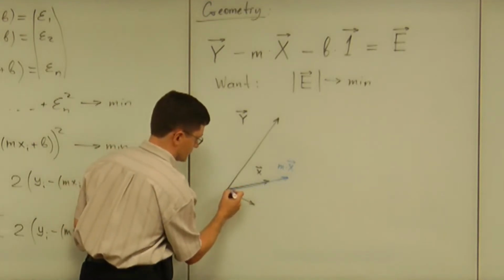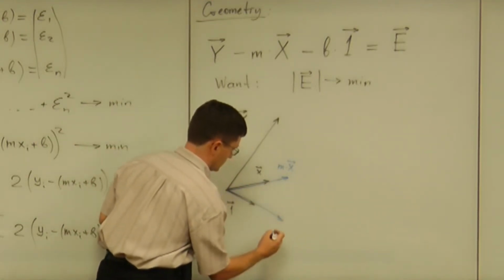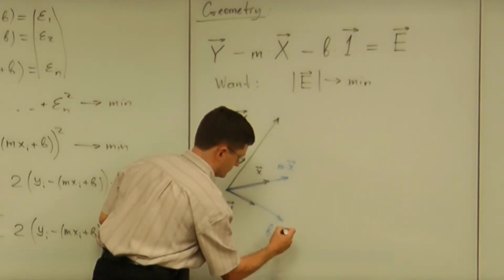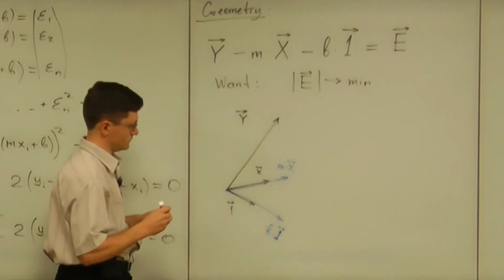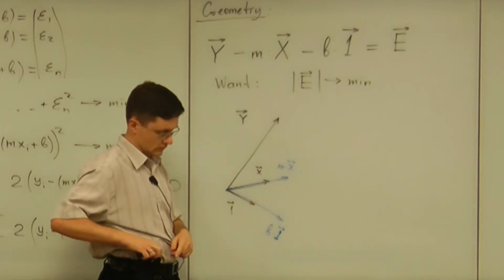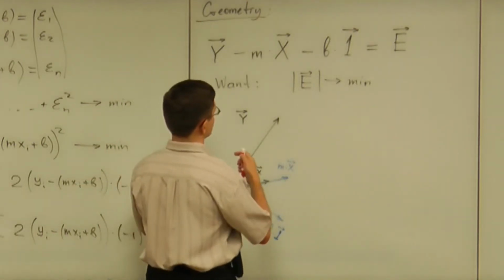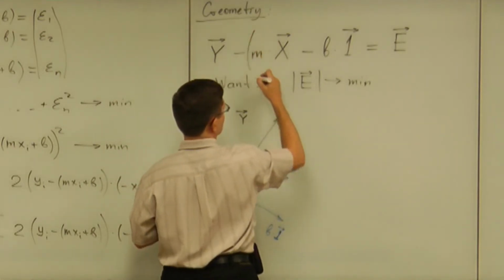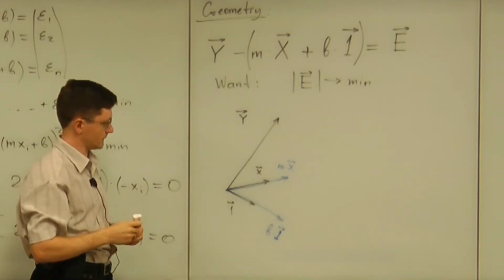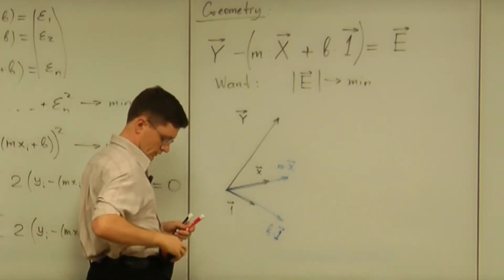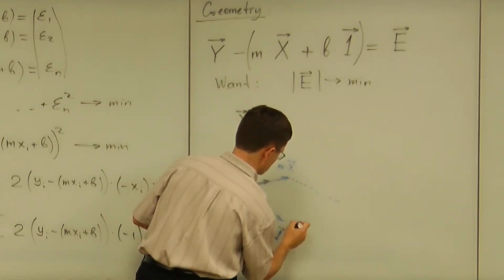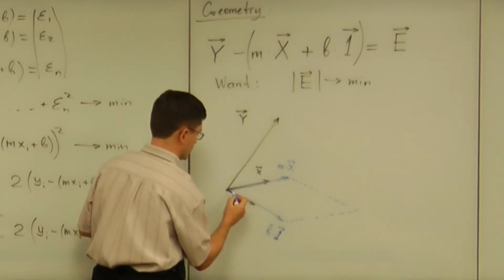So just for simplicity, let's make it longer a little bit, and pretend this is a number b times 1. And then I take the sum of these two, and that sum is what I have to subtract from y. So let me figure out that sum. So this is the sum.